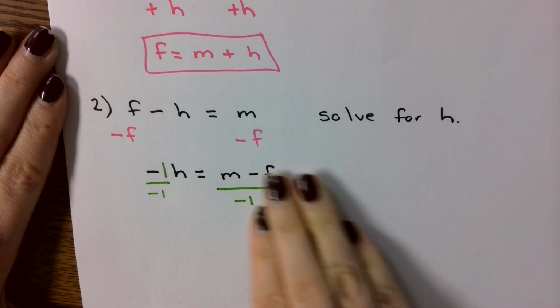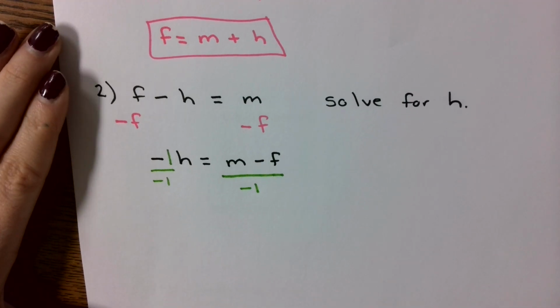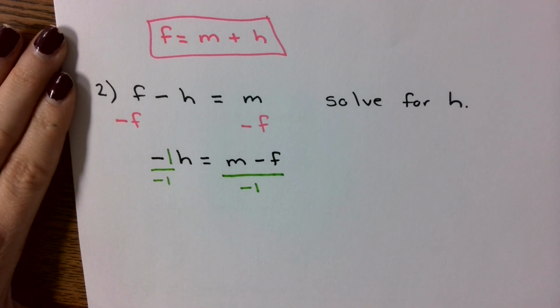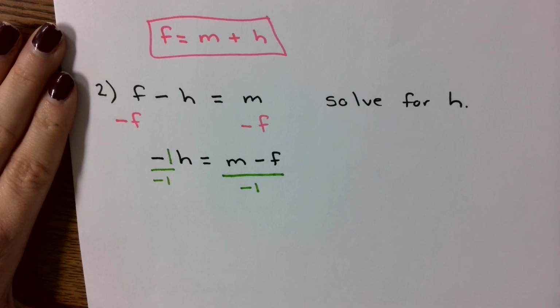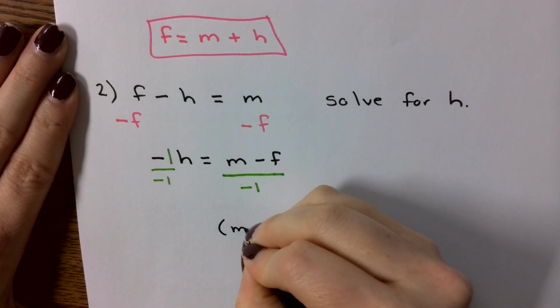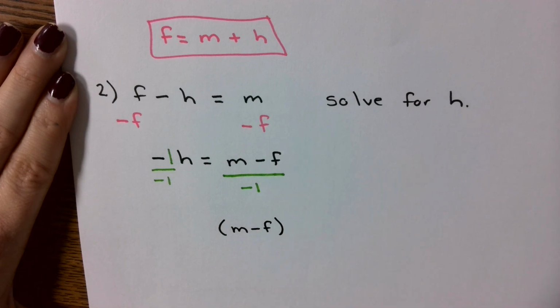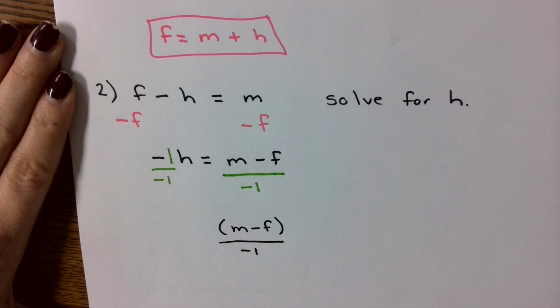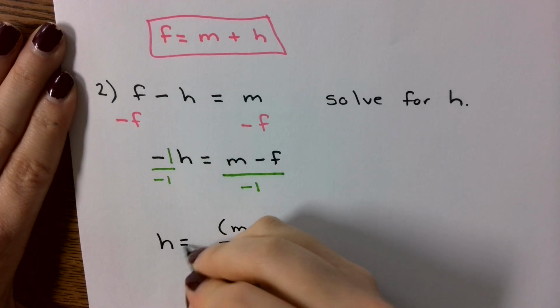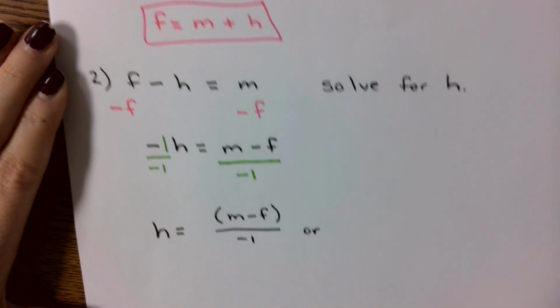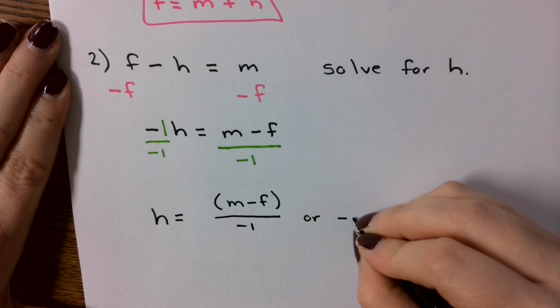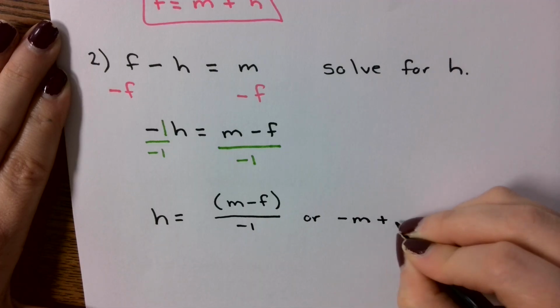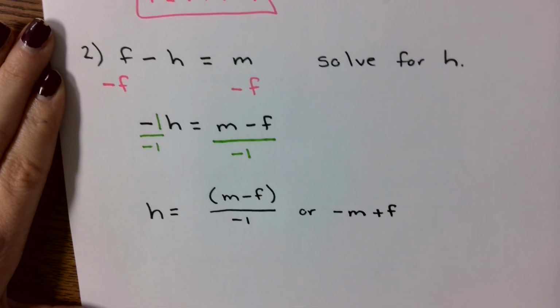So if this entire expression is being divided by negative 1, then here are several different ways that you could write that answer. You could write it as m minus f in parentheses over negative 1. That's what h would be equal to. Or you could write it as negative m plus f, right?